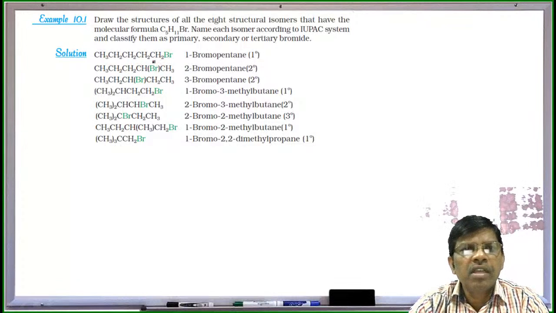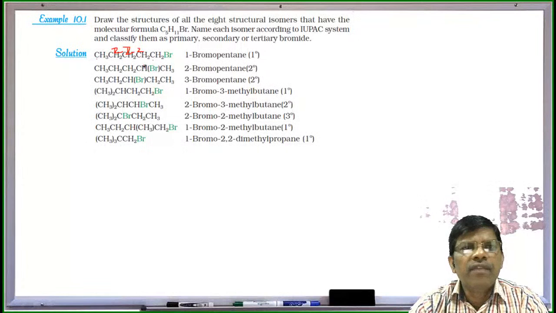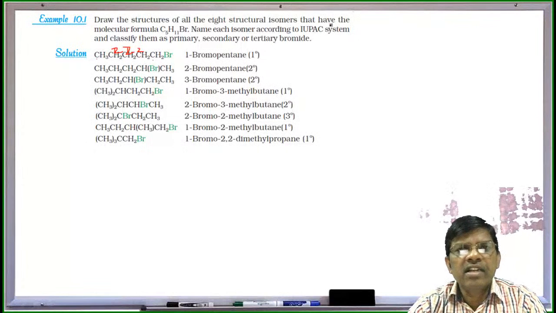For example, this is a primary carbon and this is also primary, whereas the remaining 3 carbons are secondary carbons, isn't it? If I ask you the 8 structural isomers that have molecular formula C5H11Br, name each isomer according to the IUPAC system.